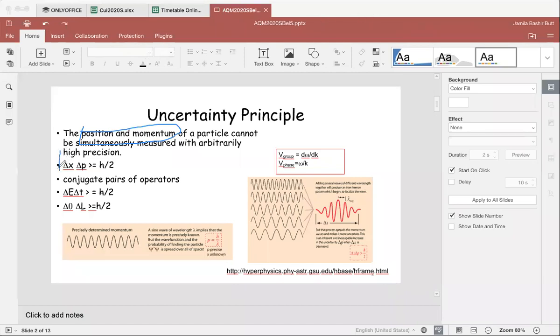So if we reduce the uncertainty in delta x, then the uncertainty in the momentum will increase. But if we try to reduce the uncertainty in momentum p, then the uncertainty in the position will increase, so that the product is always greater than or equal to h over 4 pi.